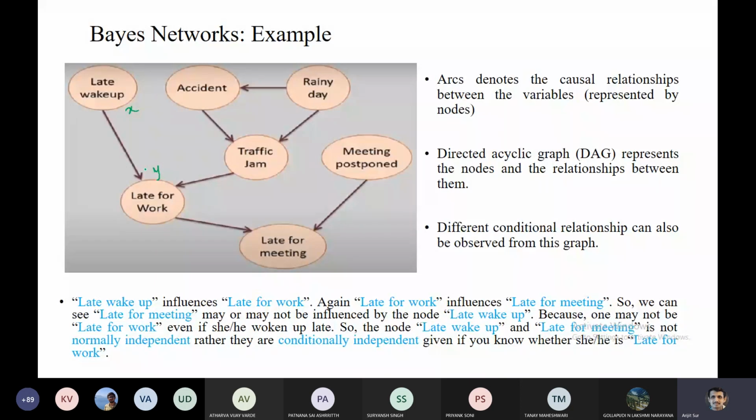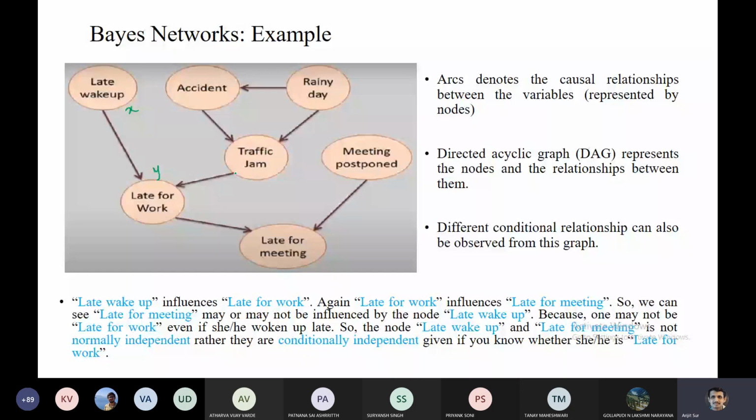Now somebody did not wake up late, but still may be late for work due to a traffic jam. So traffic jam may be a reason for being late for work.